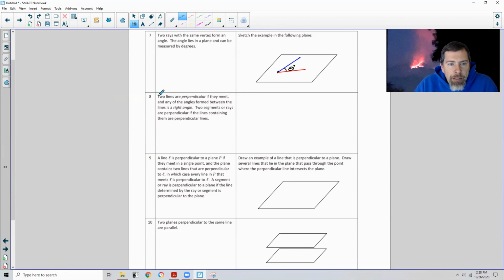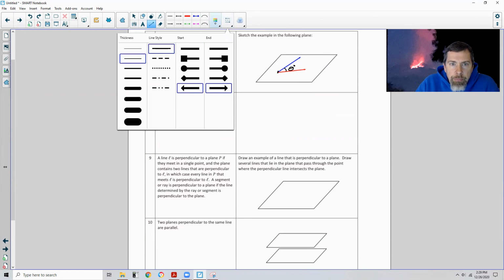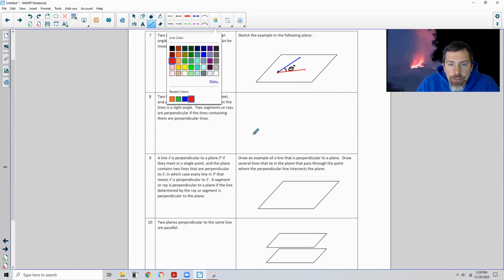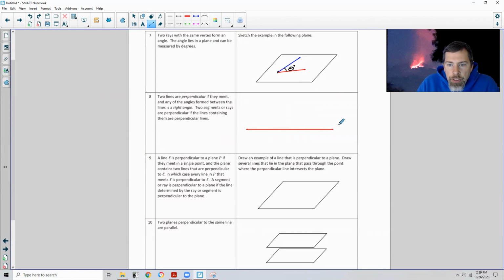Okay, number 8. Two lines are perpendicular if they meet and any of the angles formed between the lines is a right angle. Two segments or rays are perpendicular if the lines containing them are perpendicular lines. So all I need to do is draw a line. Red is fine. And let's just go this way.